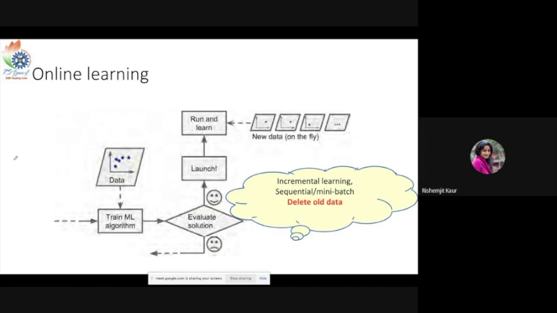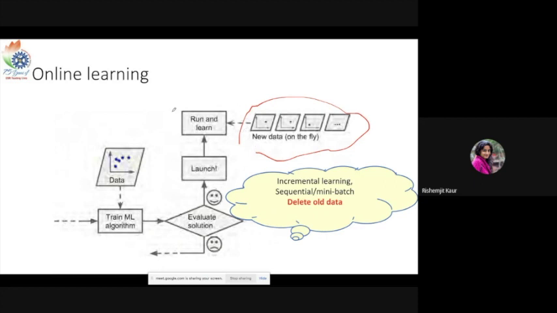Another example is online learning. What is generally done in online learning is that we have the data, we train the ML algorithm, we evaluate the solution, and we launch it, right? But at the same time, we get new data on the fly. Let's say people started uploading their data, and your system is getting new data all the time, right?